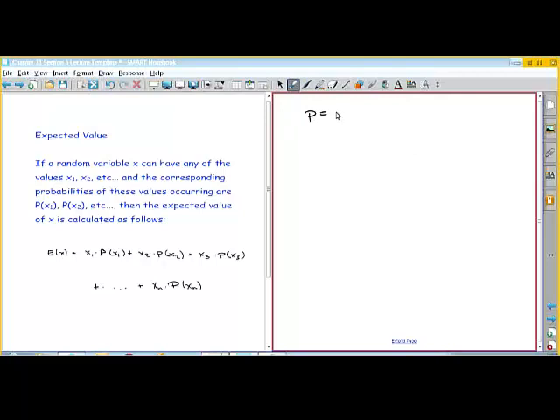The guy's free throw percentage, we'll say it's 65%. So he's kind of an average free throw shooter. That's his probability of success. The probability of failure is 0.35. And we're going to shoot three free throws.